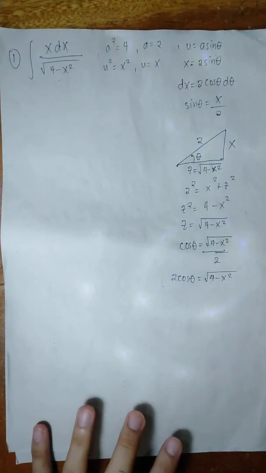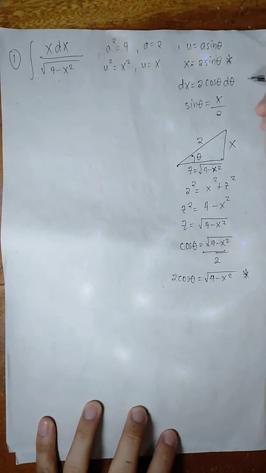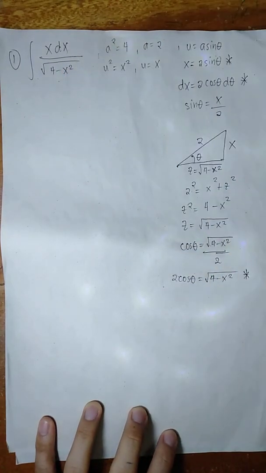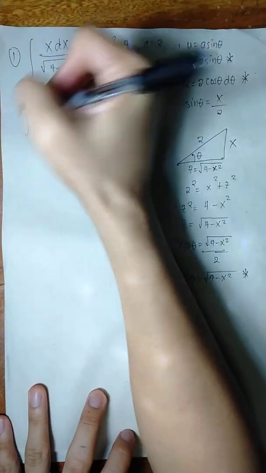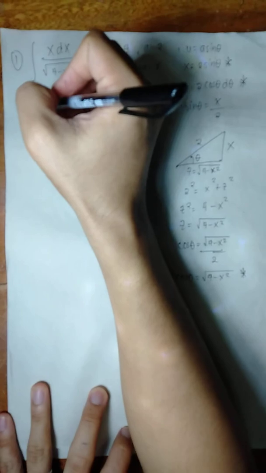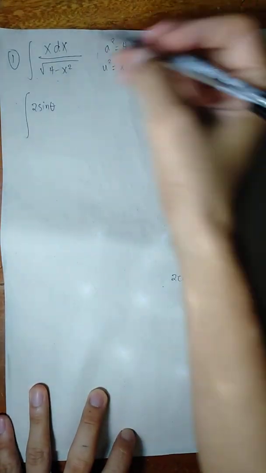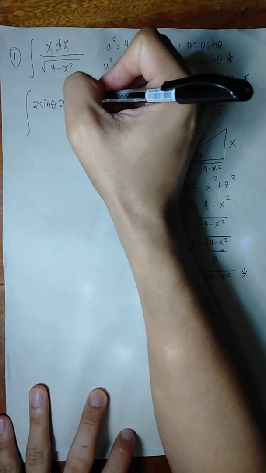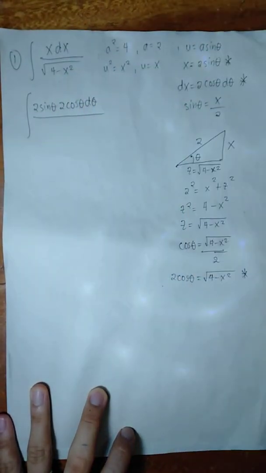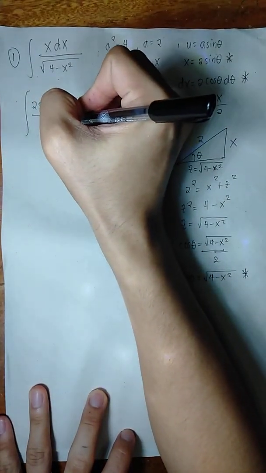Then, using this function, we could now replace. Let's go back to our problem. So the integral of x, replaced by 2 sine theta, and dx is 2 cosine theta d theta, over this square root, which we replace with 2 cosine theta.